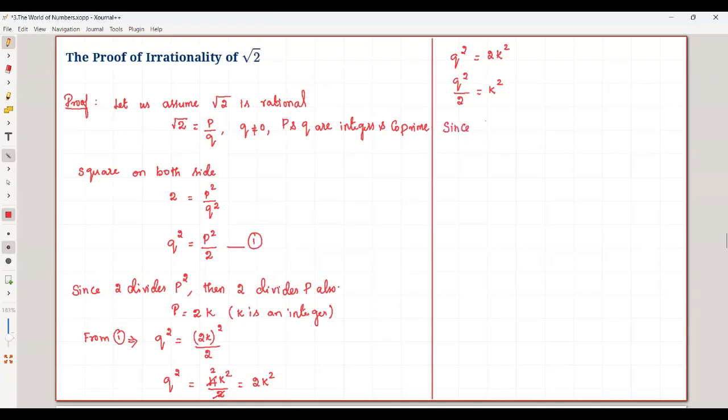Since 2 divides Q square, 2 divides Q also. That means from this I can say P and Q have 2 as a common factor.